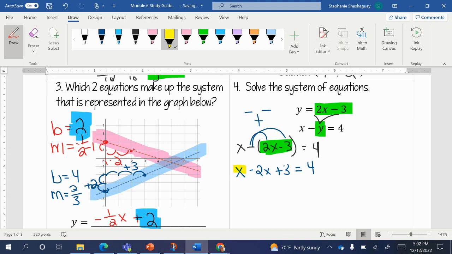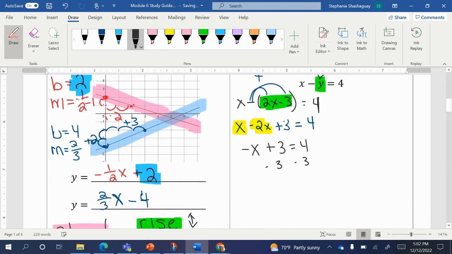Now I need to combine my like terms. x minus 2x is a negative x, plus 3 is equal to 4. If I subtract 3 from both sides, this cancels out, and 4 minus 3 is equal to 1. So I have negative x is equal to negative 1.